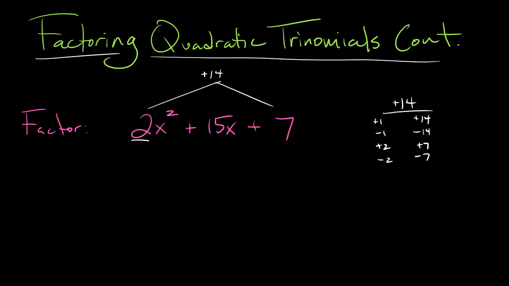And that's the only factors of 14 we have. And we want to find the one that adds up to 15. So plus 1 plus 14 makes positive 15. So 1 and 14 is our pair.